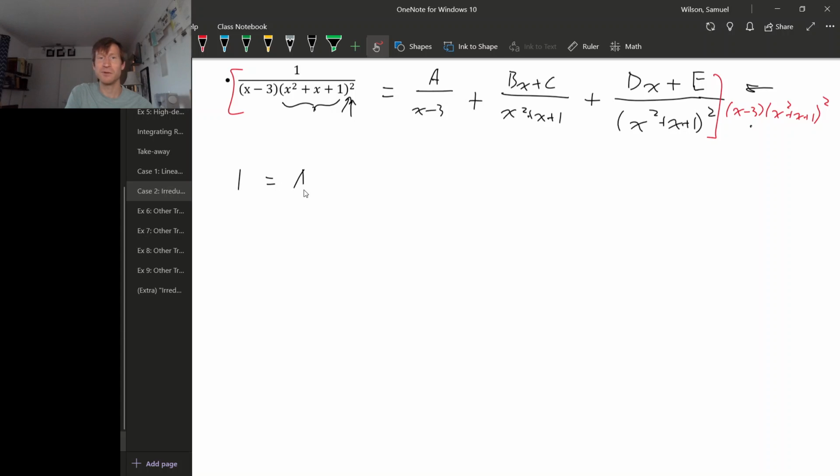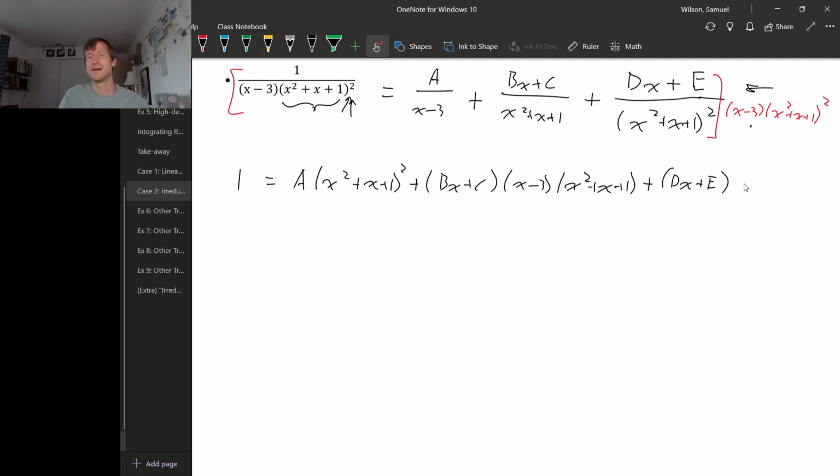On the right-hand side, we get a times (x squared plus x plus 1) squared, plus (bx plus c) times (x minus 3) times (x squared plus x plus 1), plus, and then our final term, (dx plus e) times (x minus 3).